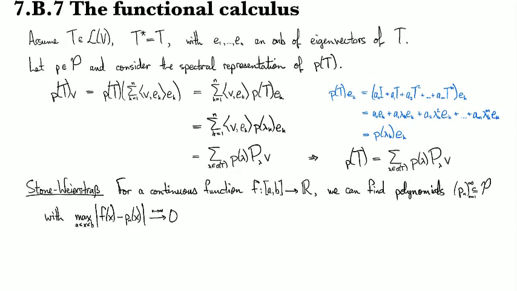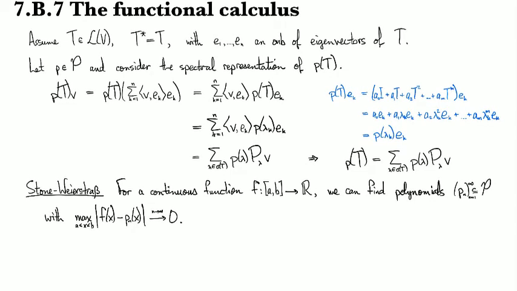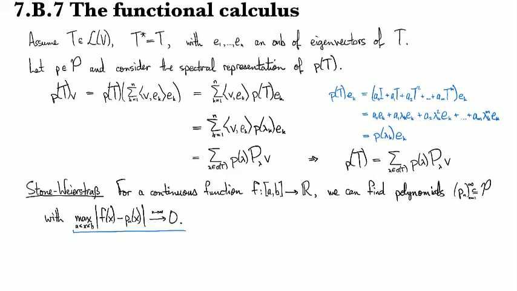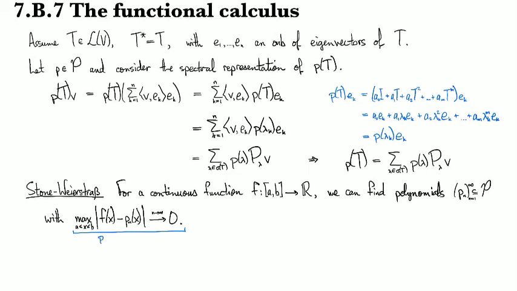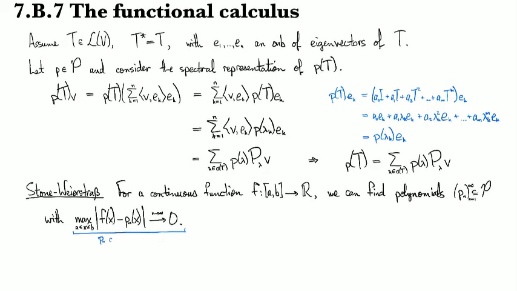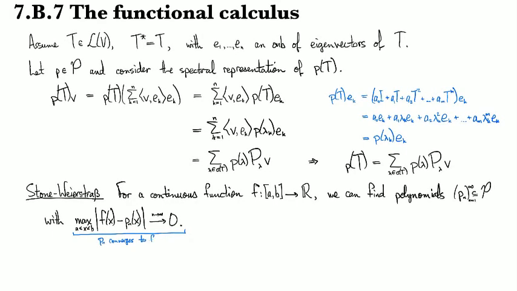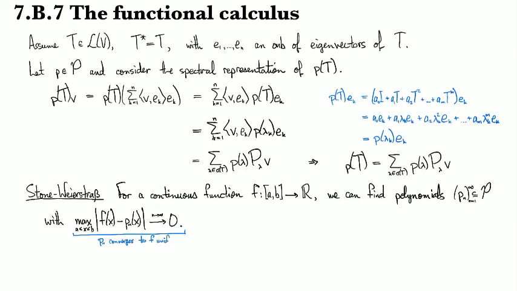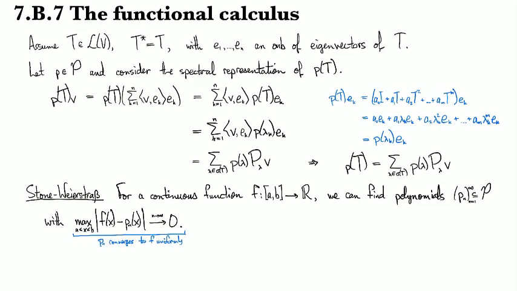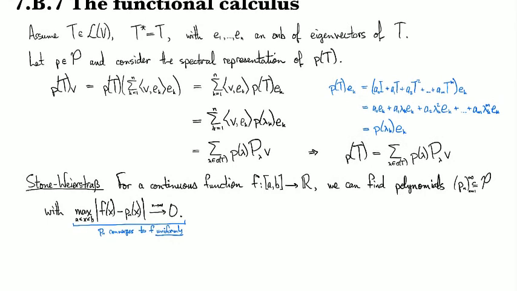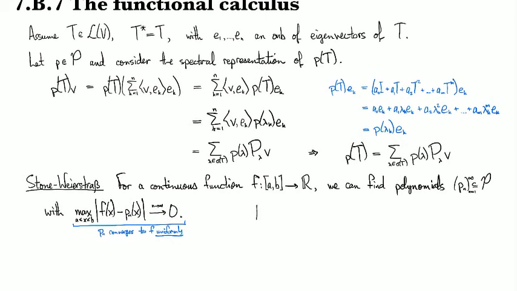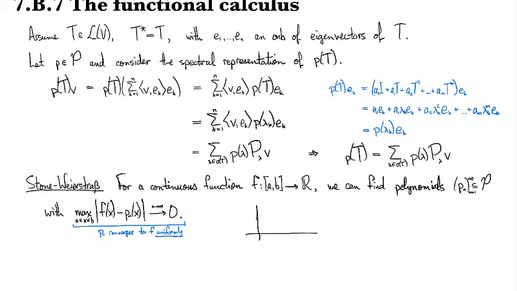Okay, so that's a mouthful. What is this saying? This is saying that the sequence Pn converges to f uniformly. And so what does this mean? Well, I'm just going to draw a picture and hope for the best.